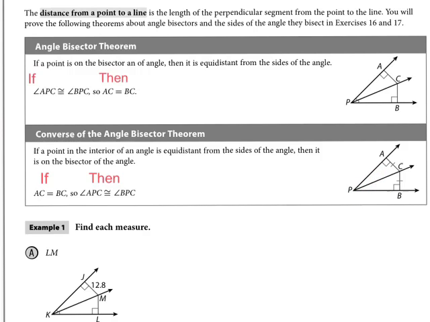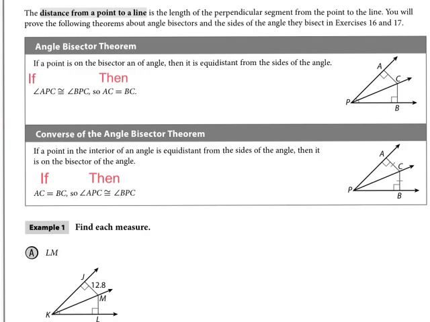So in other words, when they give you a problem with the Angle Bisector Theorem, they might just show you measurements here in the angles, showing you those two are equal. And they're going to expect for you to know that these two measures here of the segments are equal.